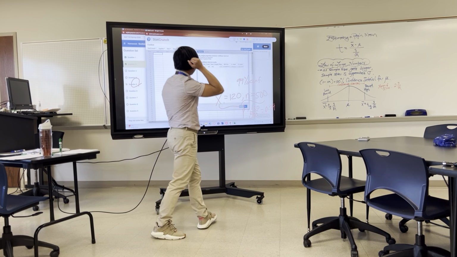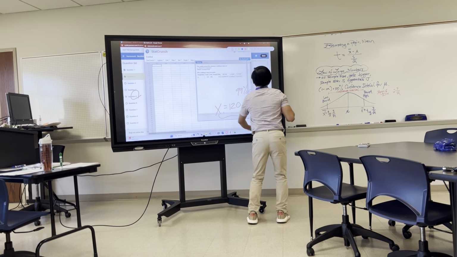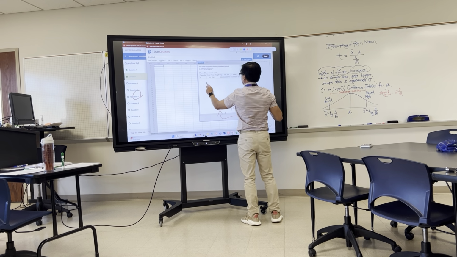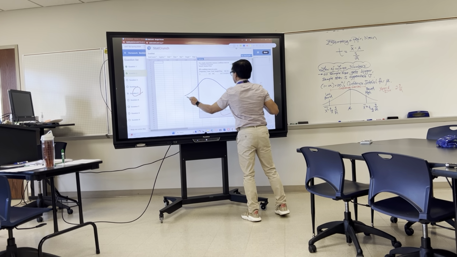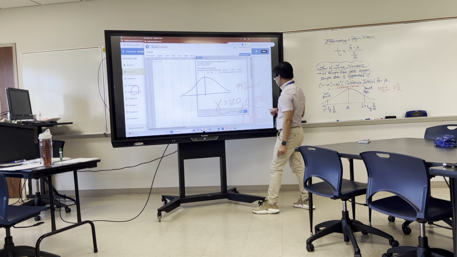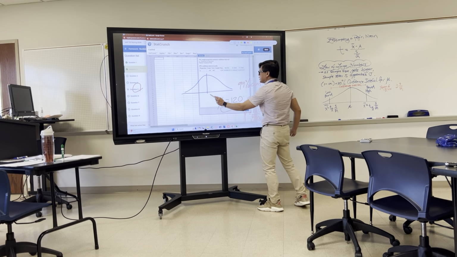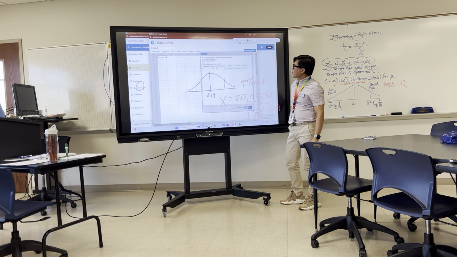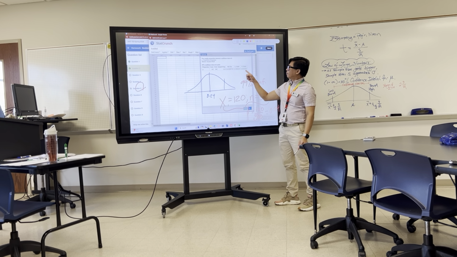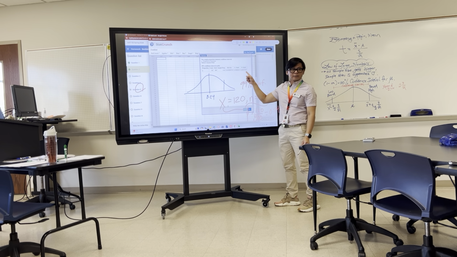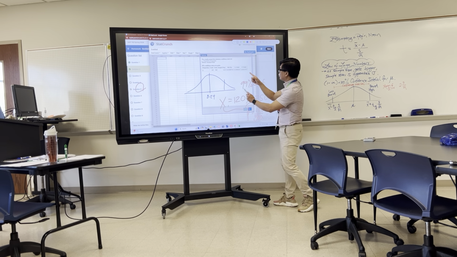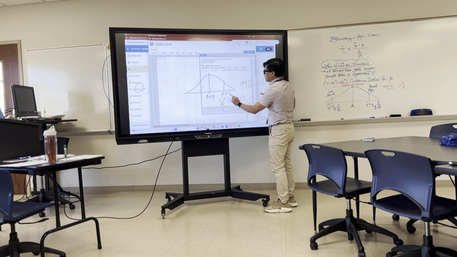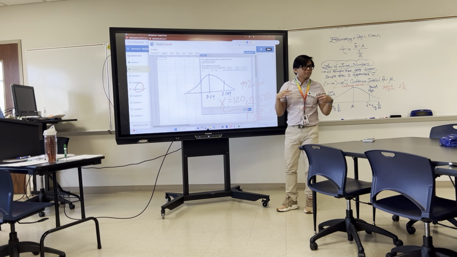Okay, so what's your lower limit? So if we draw it in here, what's your population proportion? 0.24. So if this is 0.24, what's the upper limit? 0.289. Be careful with the decimal places.